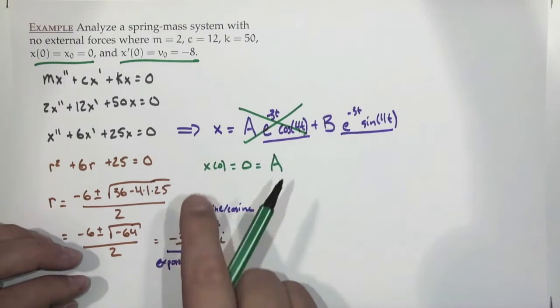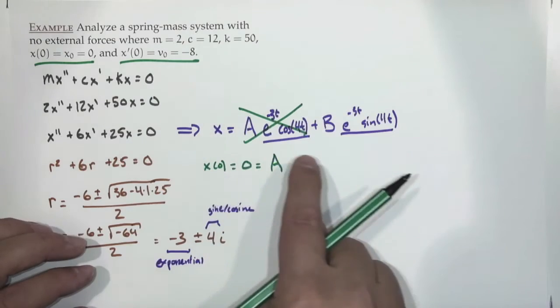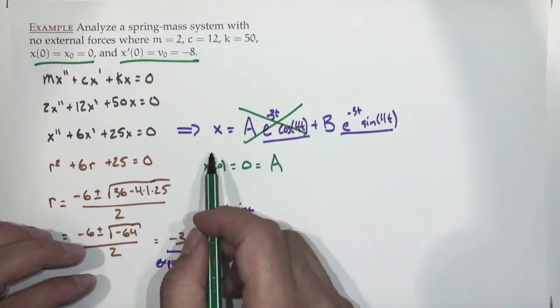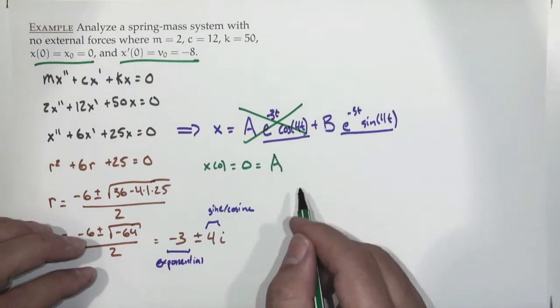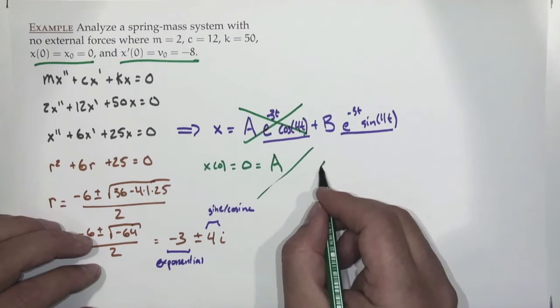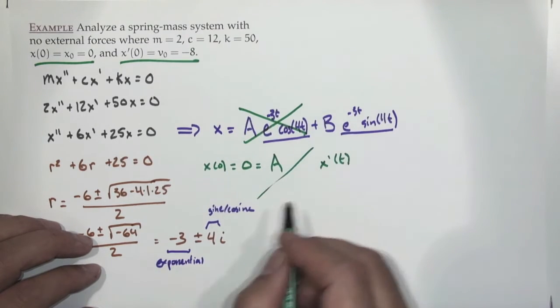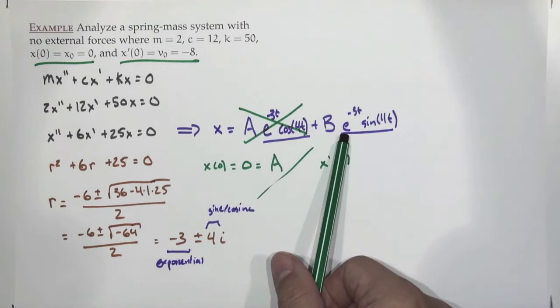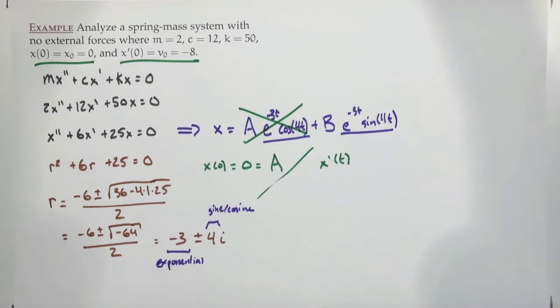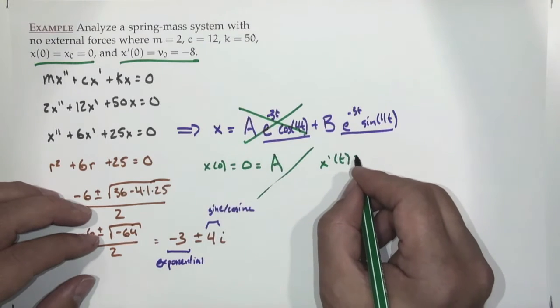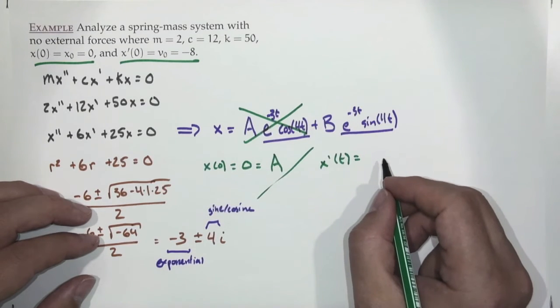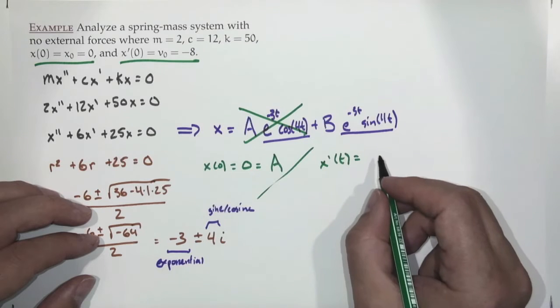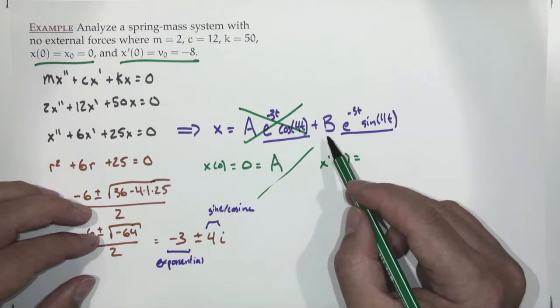All right, for our second condition, we need to take our derivative. Since we've already knocked out the first part, we just have to take the derivative of the second part. So x prime of t. I'm just going to emphasize, we're not evaluating yet, we're just taking our derivative. What's our rule for taking the derivative of e to the minus 3t sine 4t? Product rule, good. The derivative of e to the minus 3t is what? Minus 3 comes down.